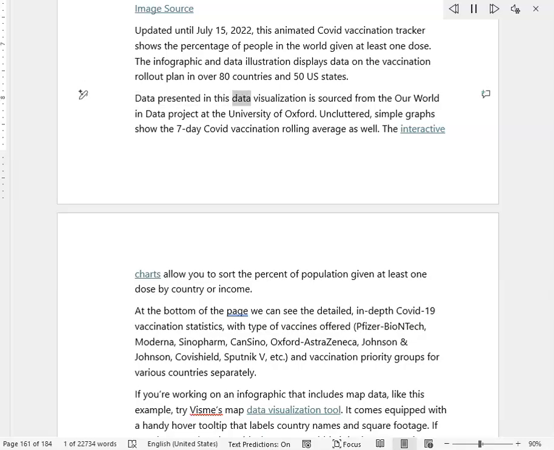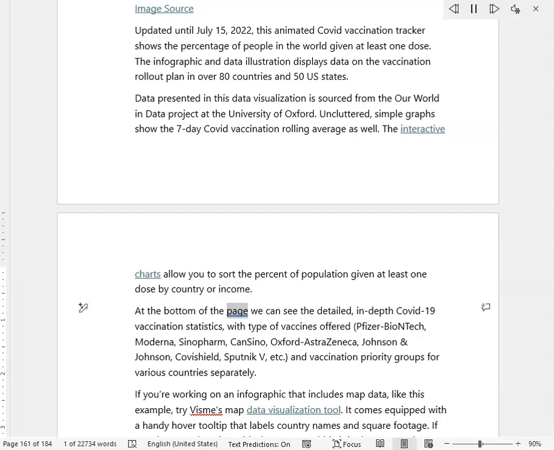Data presented in this data visualization is sourced from the Our World in Data project at the University of Oxford. Uncluttered, simple graphs show the 7-day COVID vaccination rolling average as well. The interactive charts allow you to sort the percent of population given at least one dose by country or income.